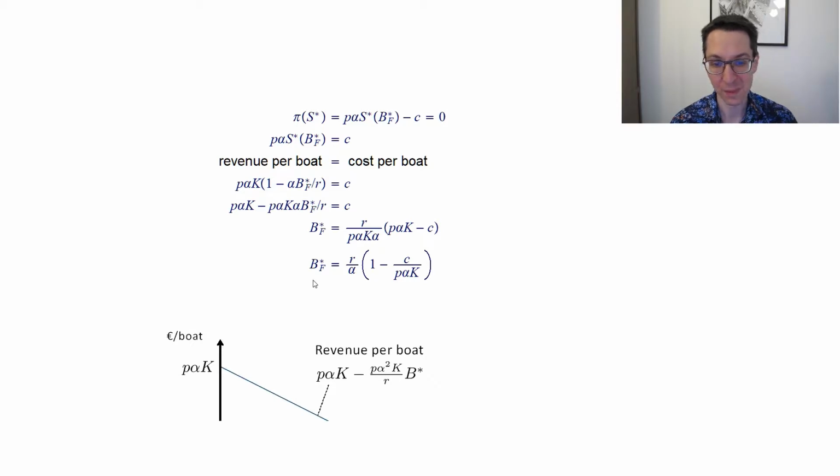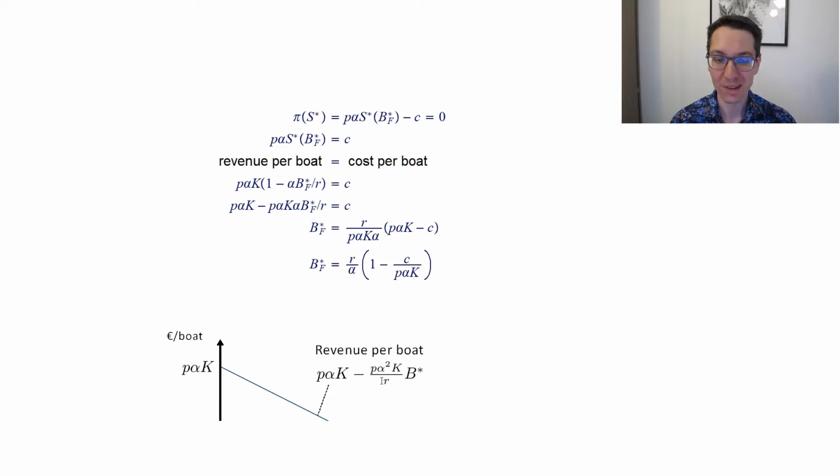If there's a better price for a fish, then people are going to want to fish more. In a sense, this is the real cost of renting a boat, a negative function of B, or rather the reverse. If there are more fish in the ocean, that's good, because there's a minus but it's in the denominator. So the more fish in the ocean, I know there should be a larger number of boats in equilibrium.